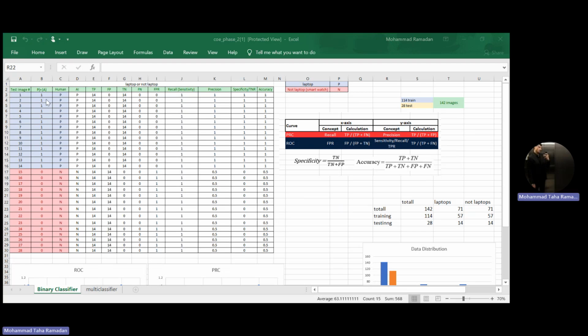Then we recorded both the human label and the AI prediction for each test image, which is here, and this is the human one.